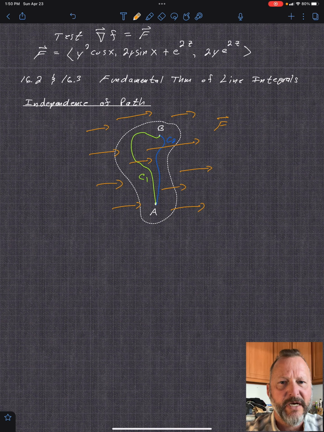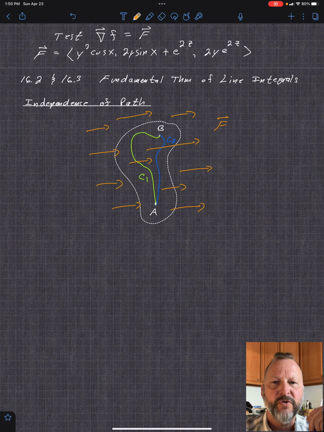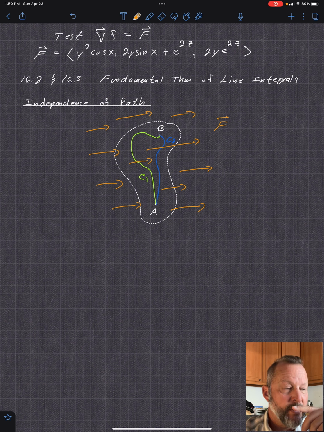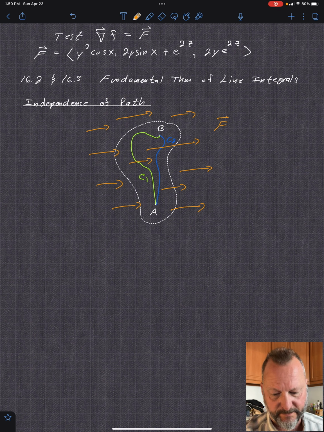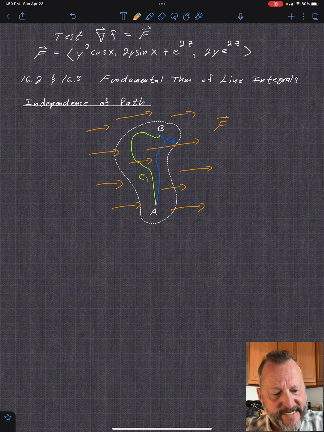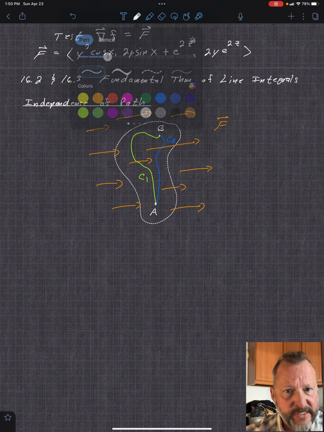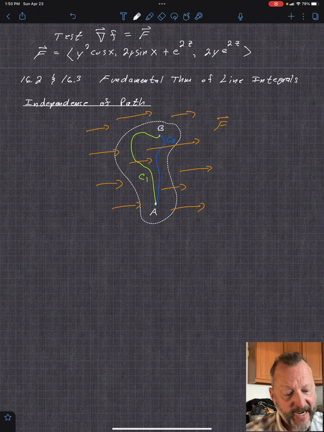I like to have in mind gravity or magnetism or electrical fields. If you haven't worked with that before, just think gravity. Basically, it's pushing down, like everything is going down. So the idea is it doesn't matter the path you take, you get the same integral.